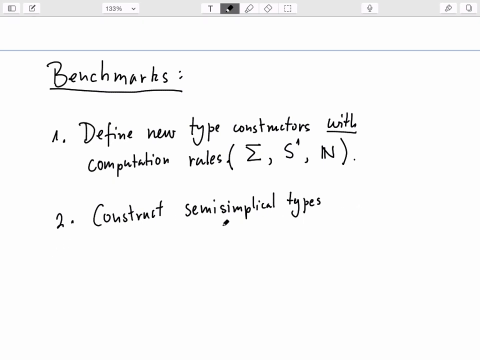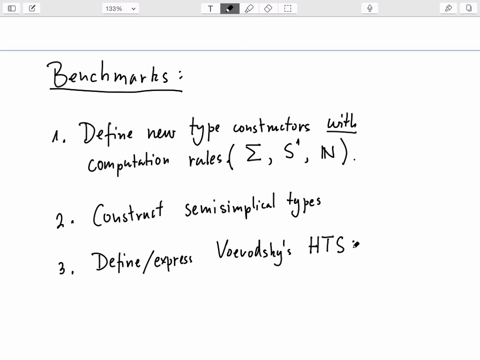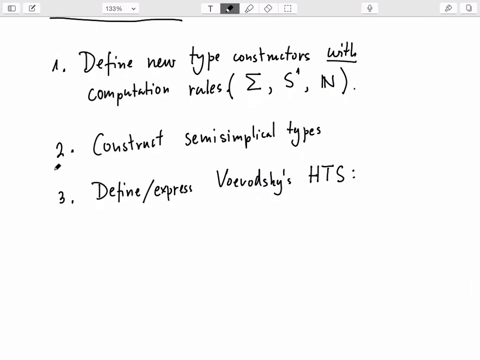Another one related to this one is it should be possible to define or express something like Voevodsky's HTS type system. So what is HTS? HTS has two equalities. It has a strict equality with the reflection rule.